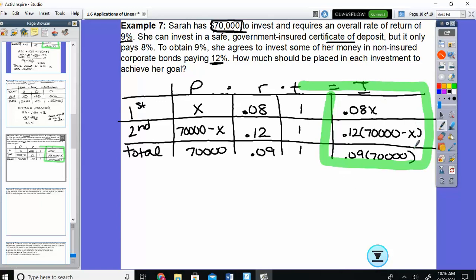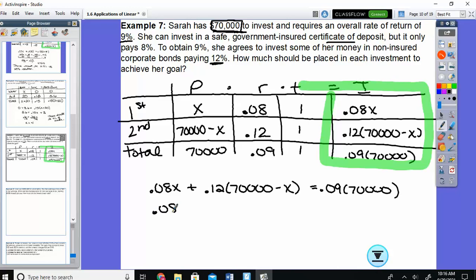It comes from this last column, and all you have to do is add the two things you're putting together, so add your two investments to equal the total. So then we just have a linear equation.